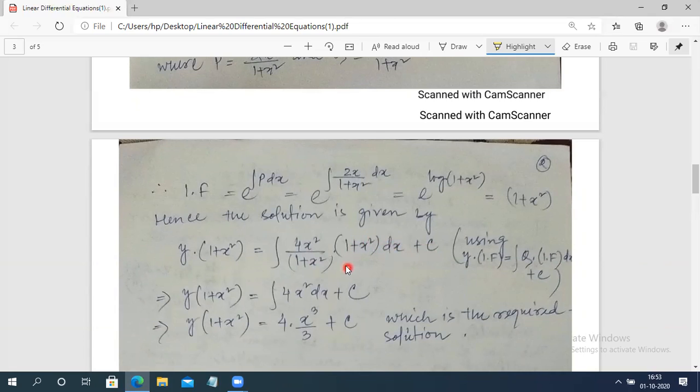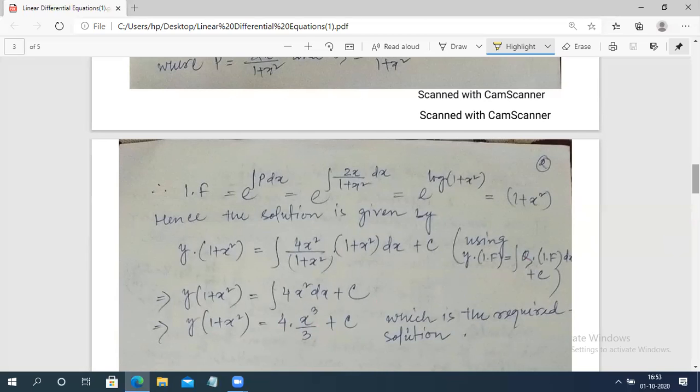So this 1 plus x square and 1 plus x square will get cancelled, and you will have y into 1 plus x square is equal to integration 4x square dx plus c, and if you integrate it, it will be 4x cube by 3 plus c, and this is the solution of the required given differential equation.